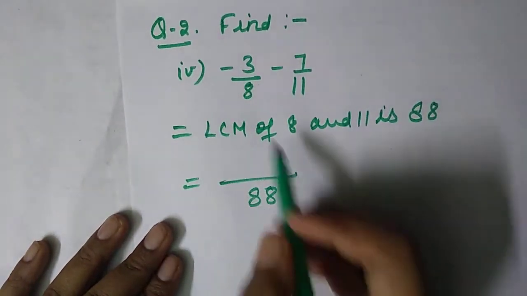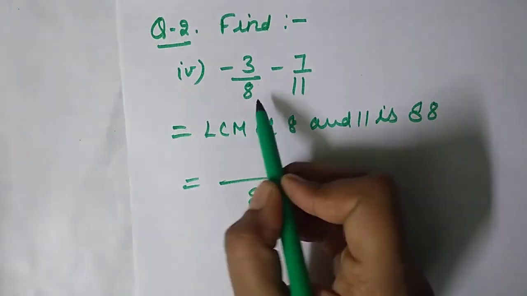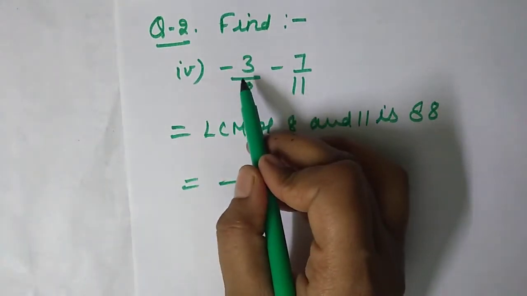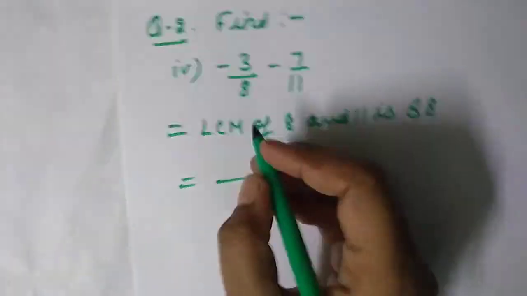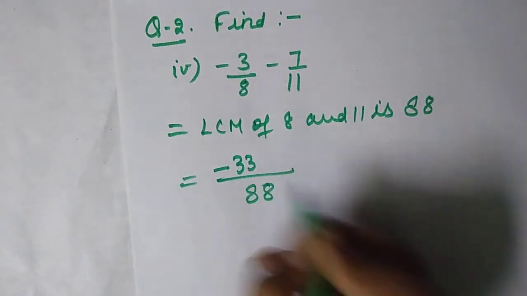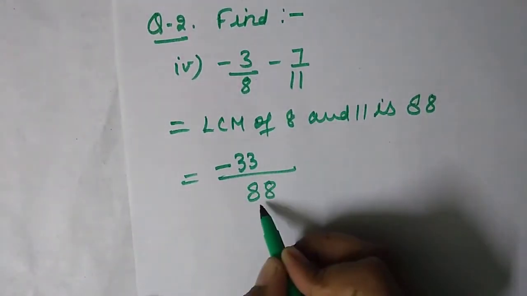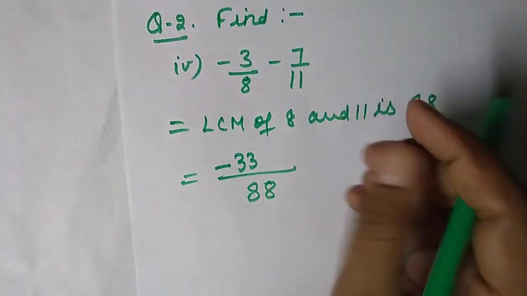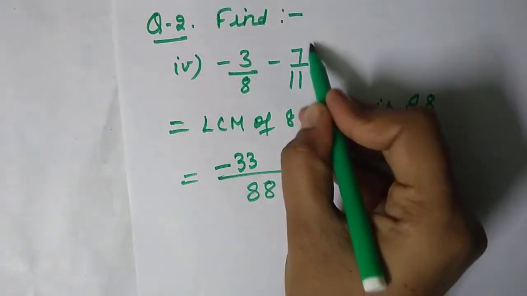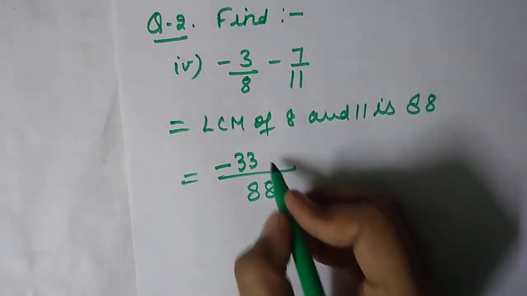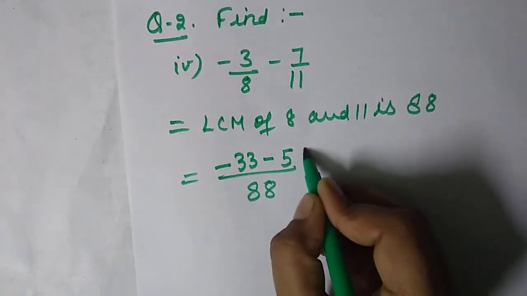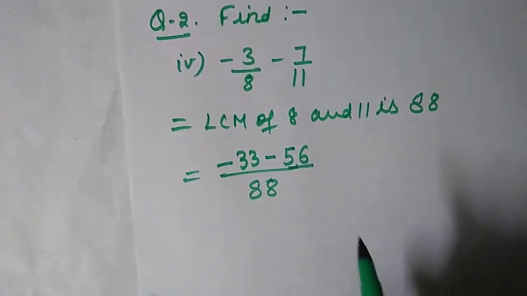So when 88 is divided by 8, you will get 11, and when 11 is multiplied with minus 3, you will get minus 33. 88 divided by 11 gives 8, and when 8 is multiplied by 7, 8 sevens are 56. So it is 56.